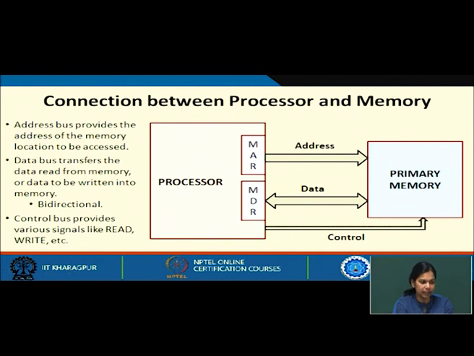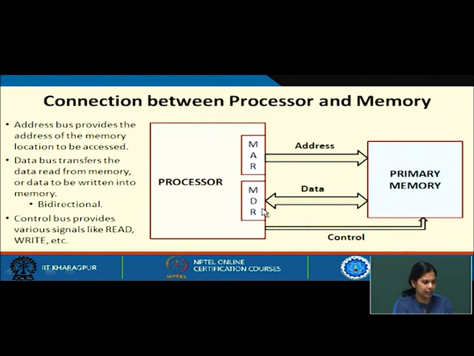The data to be read comes through this data bus. Whatever address is here, that address is hit, and whatever data is present at that address comes through this data bus to the memory data register.